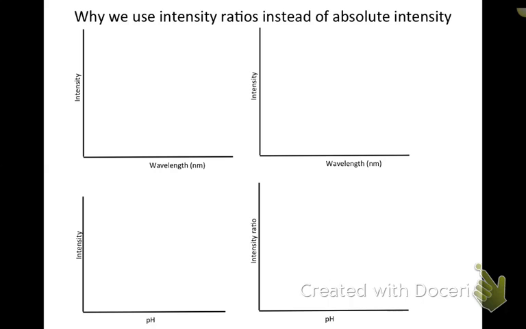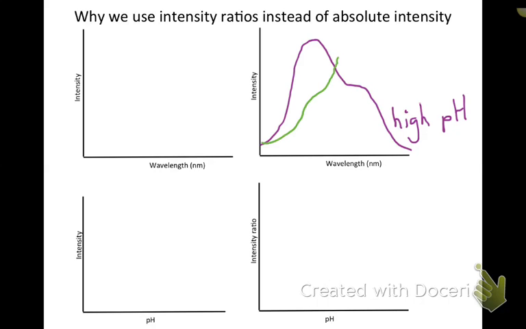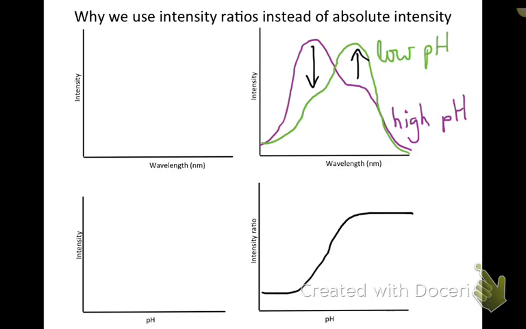The two pH probes that you will be using in this week's lab use ratios. So, as we've gone over, we use molecules that have different absorption or emission spectra at high and low pH, and as we vary the pH, the ratios of their intensities change, and this is how we obtain the pH curves that we are looking for. Most pH probes do not actually work on this principle. It is much more common for a molecular pH probe to show different intensities at different pHs.